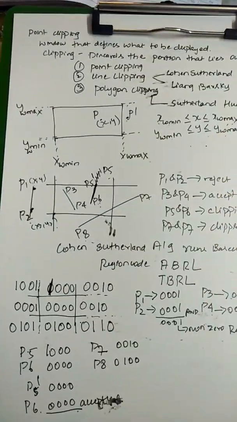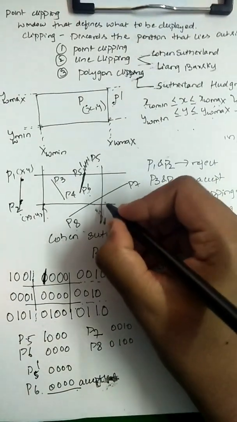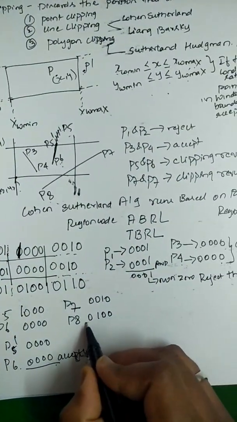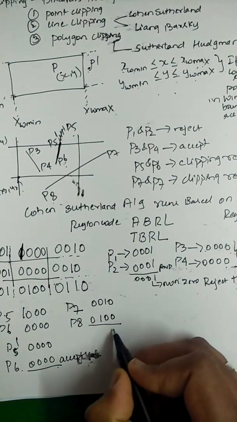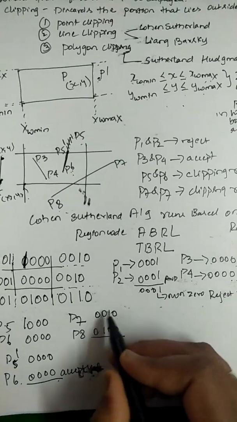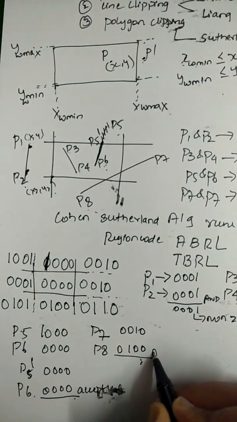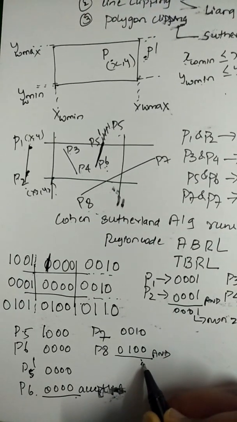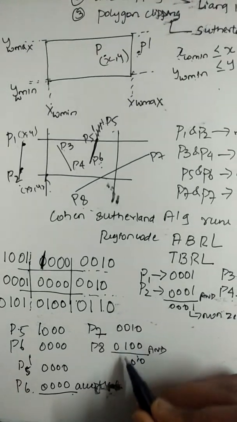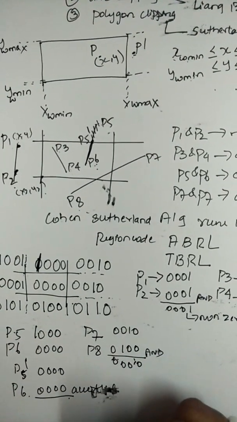So we have one more line here, P7 and P8. Hope you can see. On performing the AND operation of both, it is 0. Can you just perform the AND? 0 and 0 is 0, 0 and 1 is 0, this is also 0, and this is again 0.